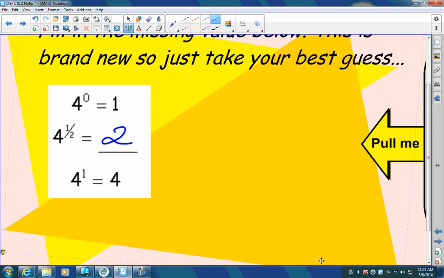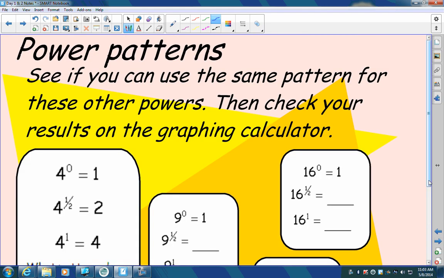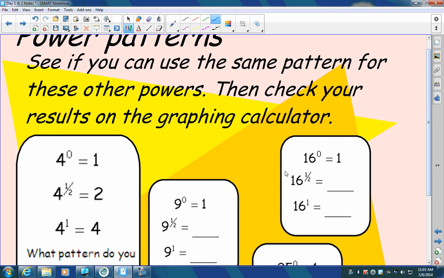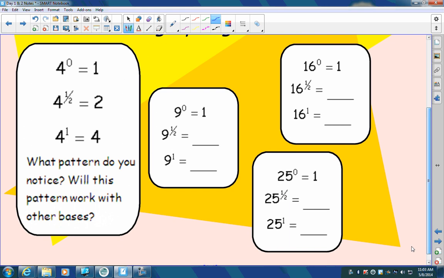Now, I want all of you to back away from the calculators and set them down, and to try this the next way. Ready? I want you to look and see if you can use the same pattern for these other powers, then check your results in the calculator. So wait, stop pressing the buttons. I'm asking you right now to fill in what you think the answer is. Write them down.